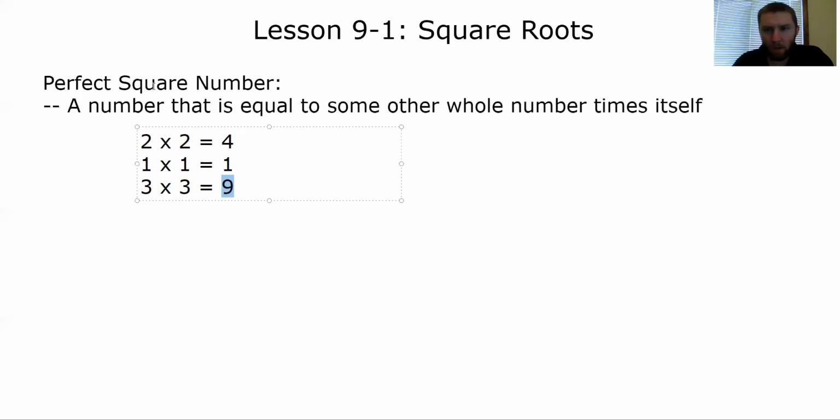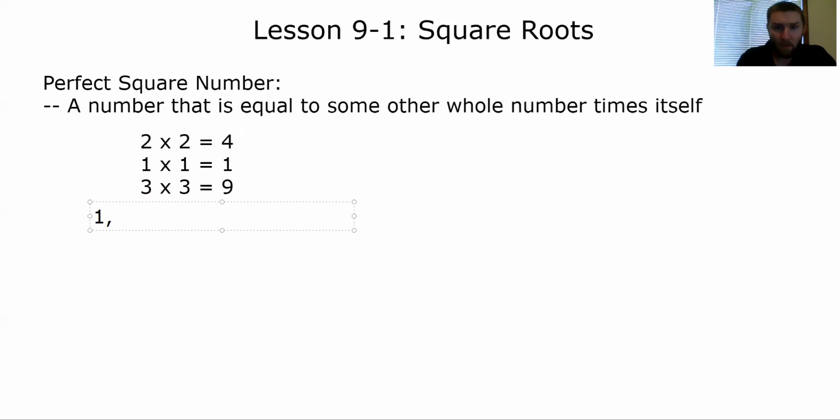Okay, so what we're going to do is we're going to make a list of perfect square numbers that will go in your notes, and hopefully eventually you sort of have memorized, like in your brain, you just know that these are the perfect square numbers. Okay, we're going to start with the number 1.